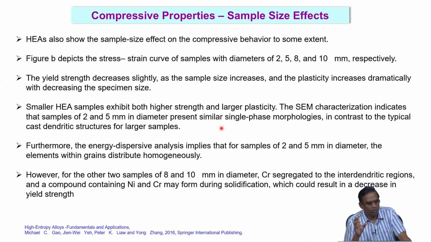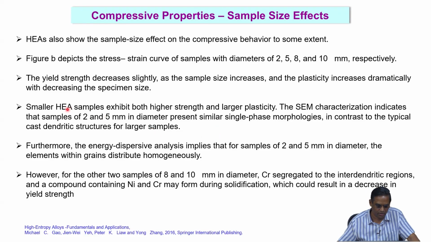The more the diameter, the more defects or more phases or more dendrites you will have. Those things are not good for strength. If the sample is smaller, with a single phase and fewer defects, it will have more strength. It is like a thin wire having a very high strength compared to a thick wire, because you are reducing the defects considerably. That is one rough idea.